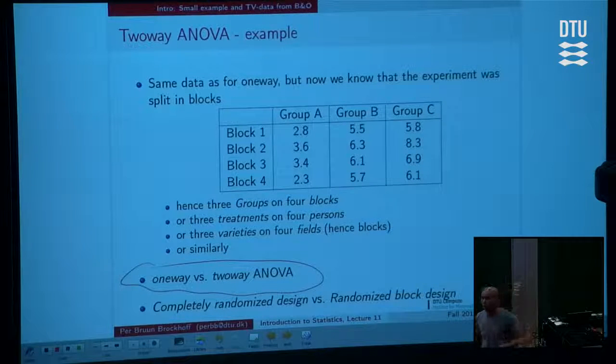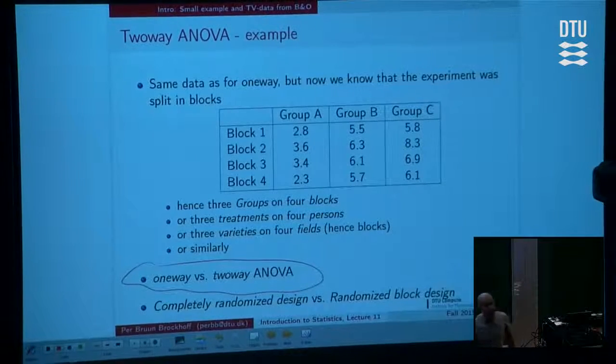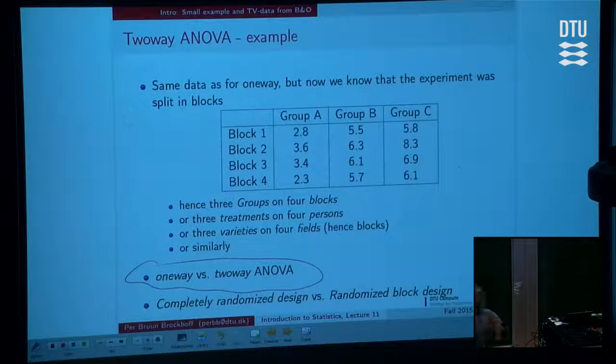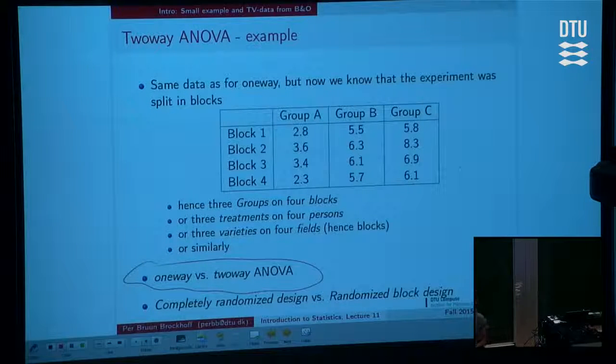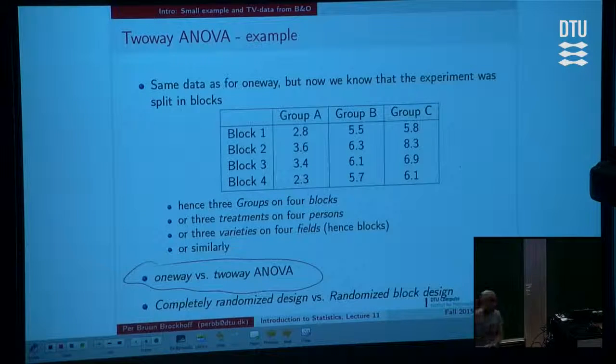What would a blocked design mean? That would mean that the same person first should try one treatment for a while and then test whether it works. And then after that, maybe in a waiting period, should try the other treatment. Well, that's nice when it's possible. But it's not always possible to do such nice experiments, because sometimes you have one shot, right? There's one go. You get the treatment once, either it's okay or it's not okay, right?